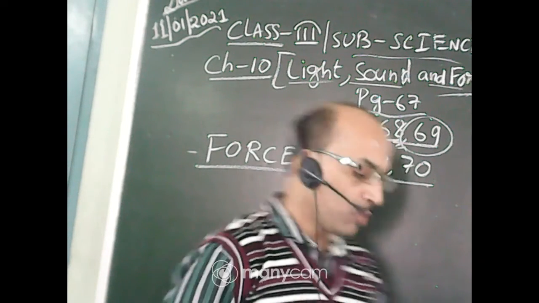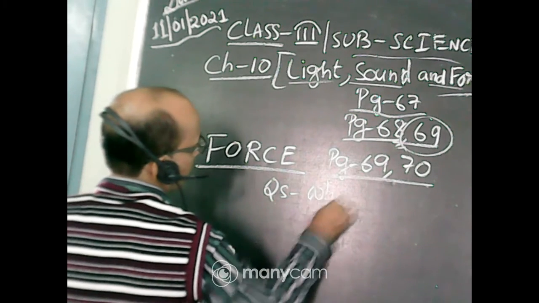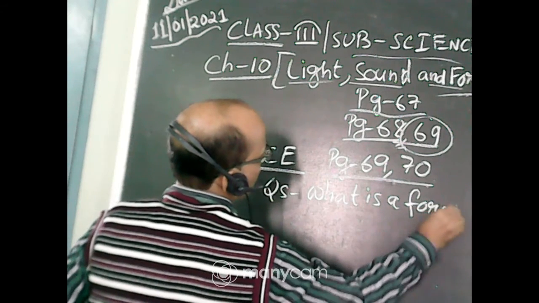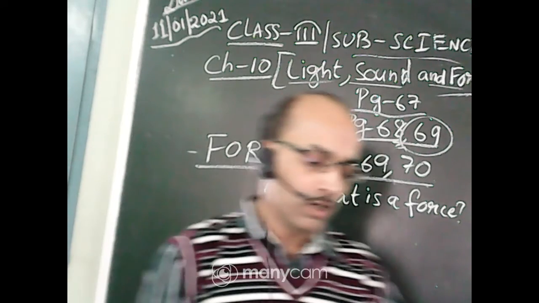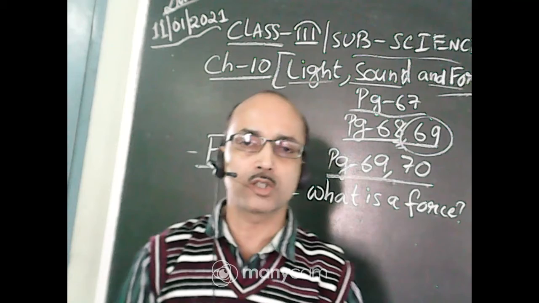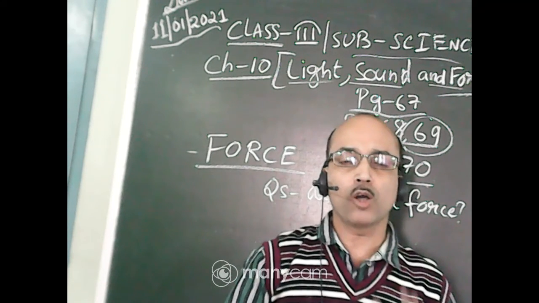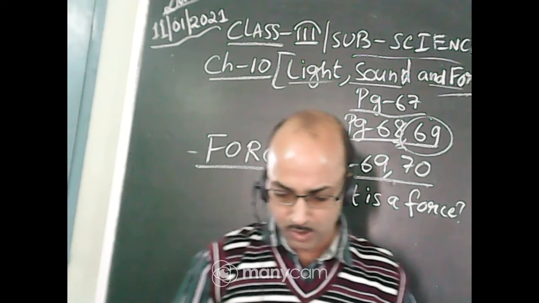Okay, so what is a force? A push or pull applied on a body is called force. Remember this thing: a push or pull applied on a body or an object is called a force.